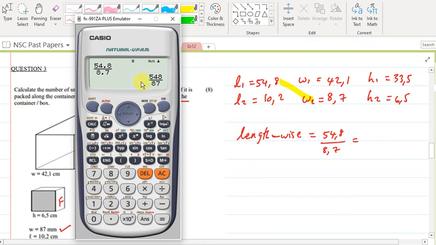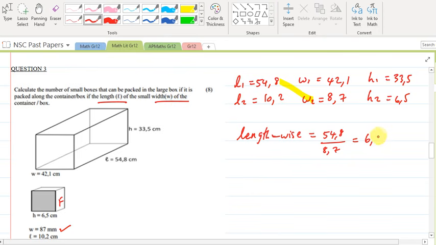So this is the front face, so you are packing it there with this front face being here. The distance from there to there is the width, which is 8,7. So how many 8,7s can you pack along this length here?